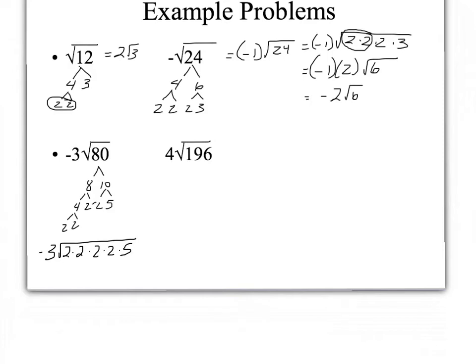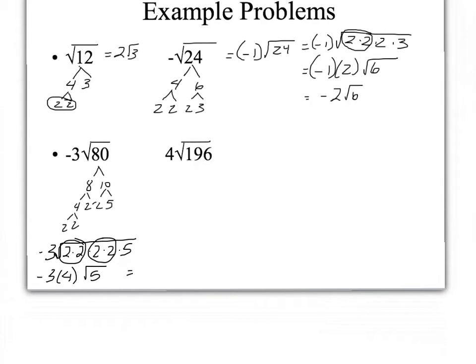And if we look here, we've got 2 pairs of 2, right? So that's two 4s. What's 4 times 4? Well, that's 16. What's the square root of 16? That's 4. So we end up with negative 3 times our 4 times the square root of 5. 5 is still stuck under that square root.